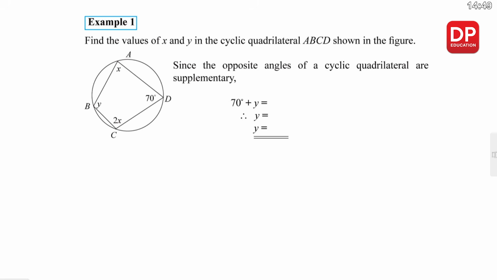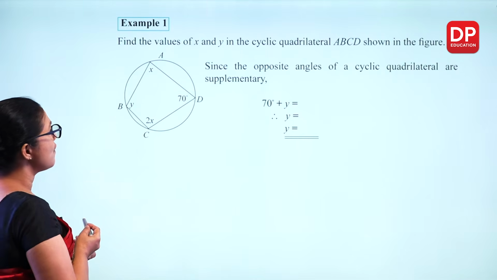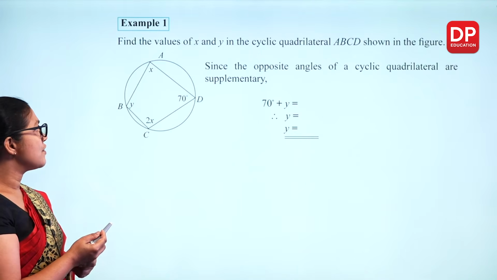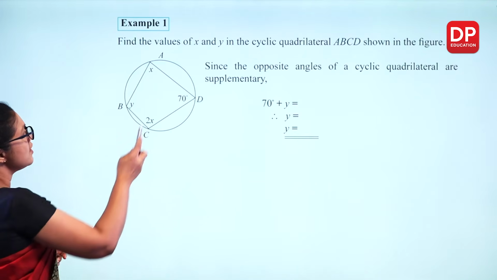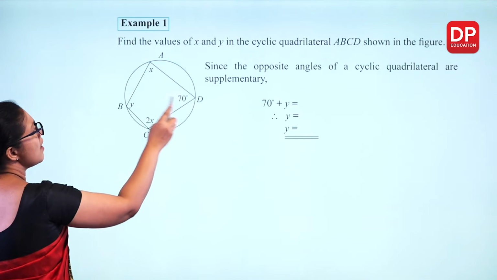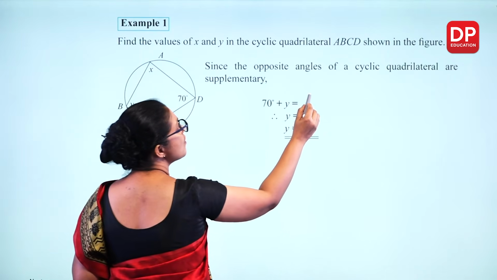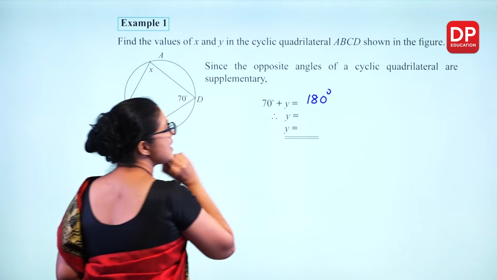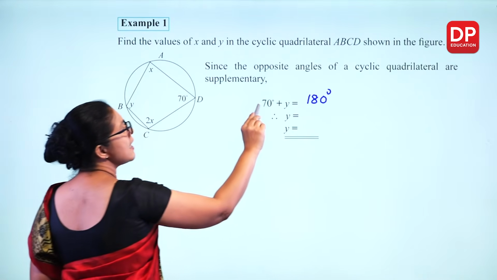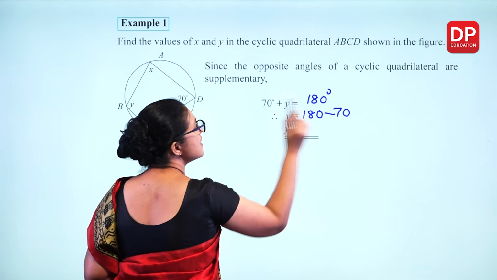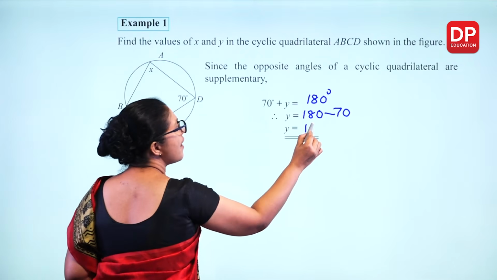Example 1. Find the values of x and y in the cyclic quadrilateral ABCD shown in the figure. Since the opposite angles of a cyclic quadrilateral are supplementary, what can you say about these two? These are opposite angles. 70 plus y is equal to 180, that's supplementary. Take 70 to the other side, 180 minus 70. So what's the value? 110.